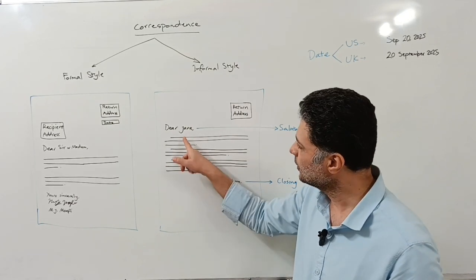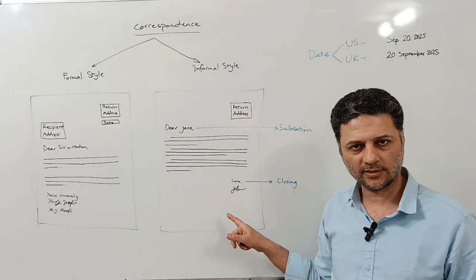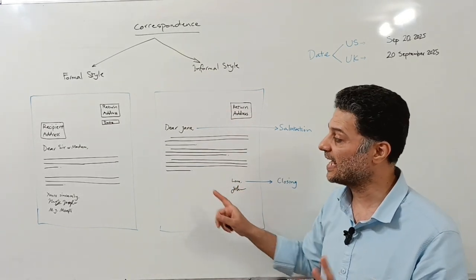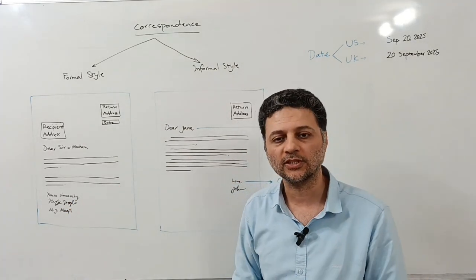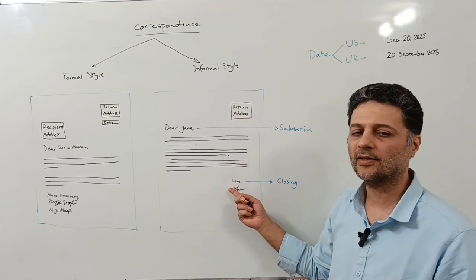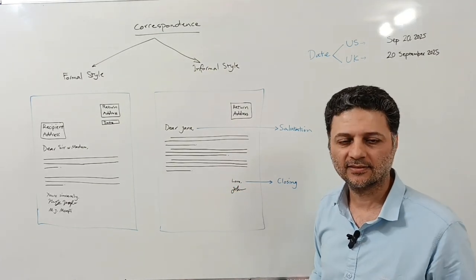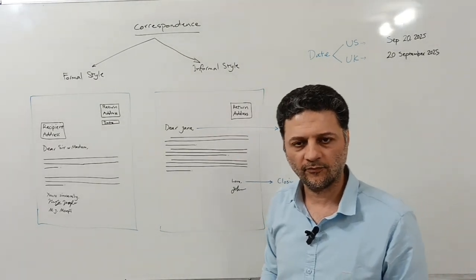All right? So we finish the letter, right? And then we close an informal style letter with something not as formal as yours faithfully or yours sincerely or yours truly. Normally we end with something like love, lots of love, best, right? Well, there are lots of other expressions available as well.